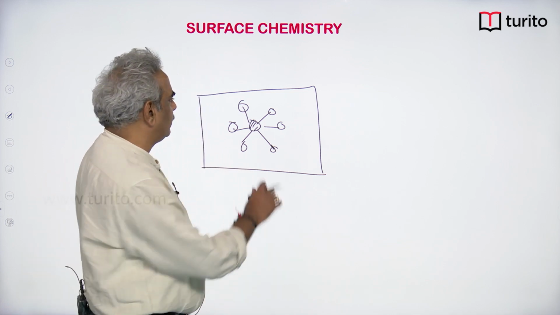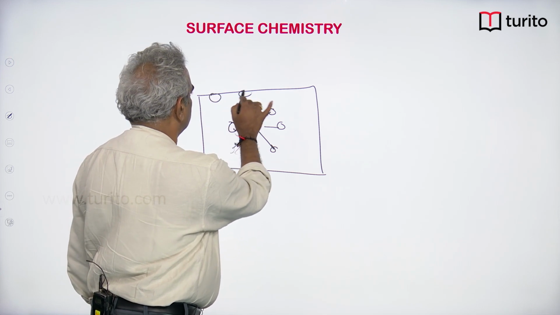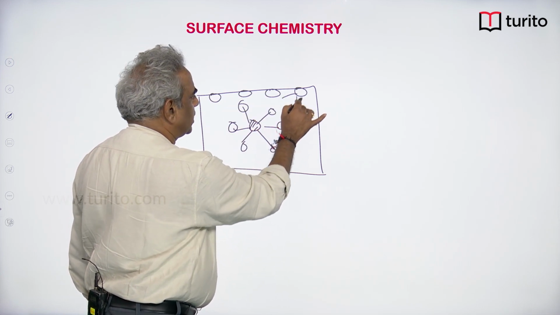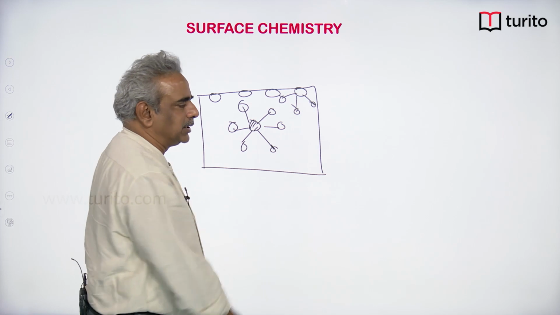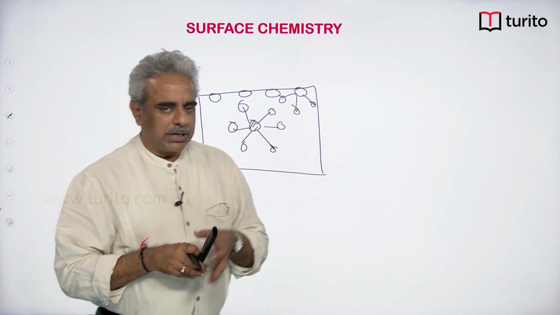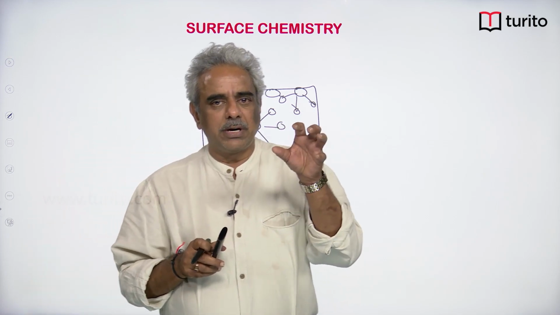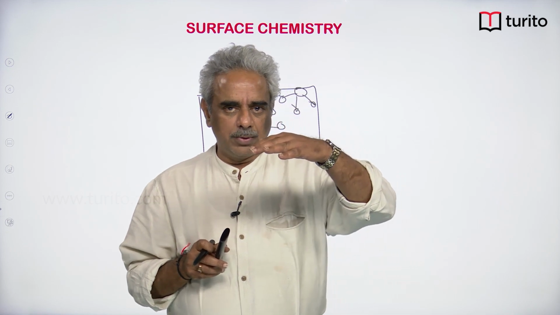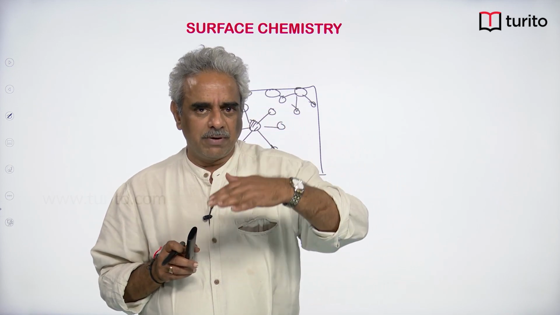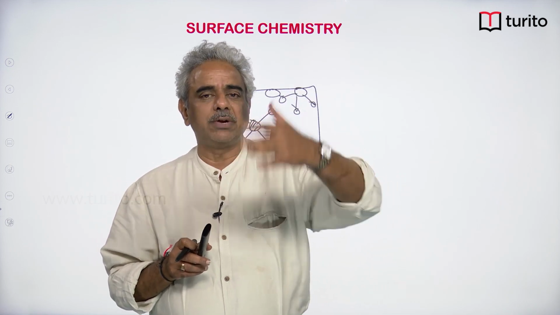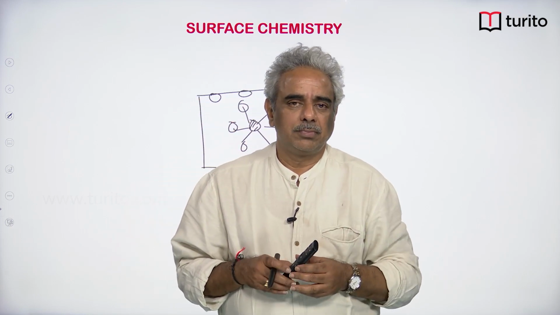Whereas, a surface particle cannot enjoy that many attractions from the other particles, because the surface particle is limited to the surrounding particles only on one side. On the other side of the surface, there are no particles.